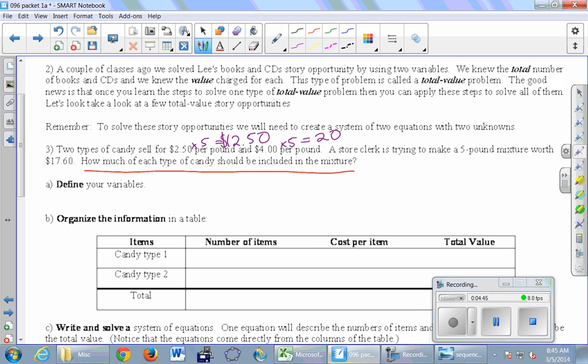So let's come up with our 2 variables. We can call them X and Y. We can call them like cheap and expensive, C and E, whatever we want to do. What do you guys want to do? X and Y? Okay. So let X equal the number of pounds of the cheaper candy.